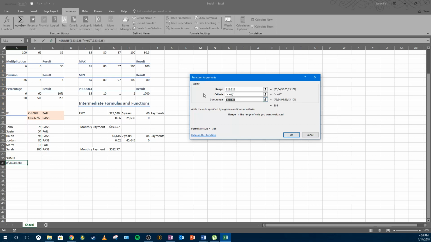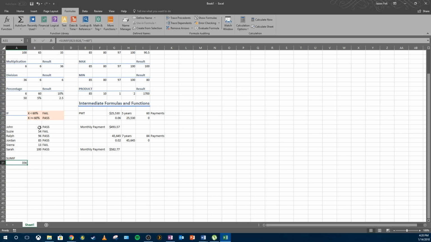Oops, I'm sorry, that's not right. Okay, and what that means is each one of these that have a pass will be added. So all of the cells, if you look at B23 through B28, all the cells that were a pass here were summed and not these.